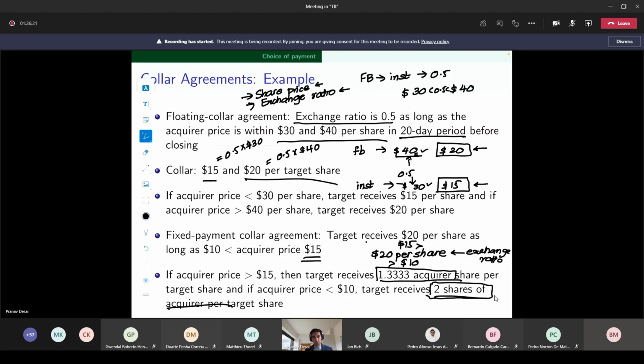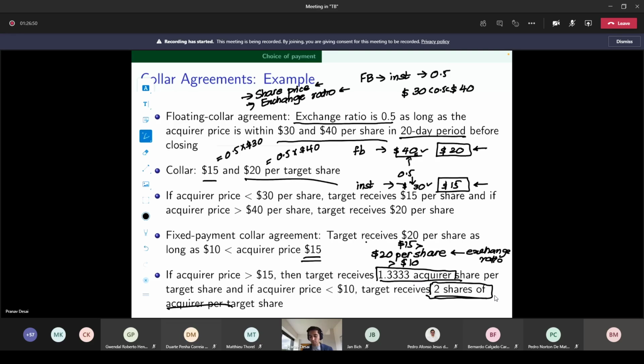So in the first case, the share price is allowed to vary; in the second case, the exchange ratio is allowed to vary. In both cases, the acquirer as well as the target, with each one of the collars, is protecting themselves against risk. The acquirer has the risk of paying too much or diluting its ownership base too much. The target has the risk of receiving too little.